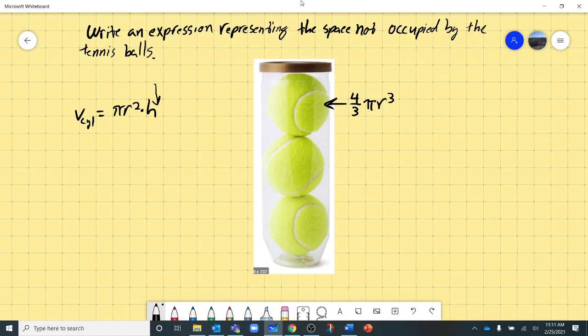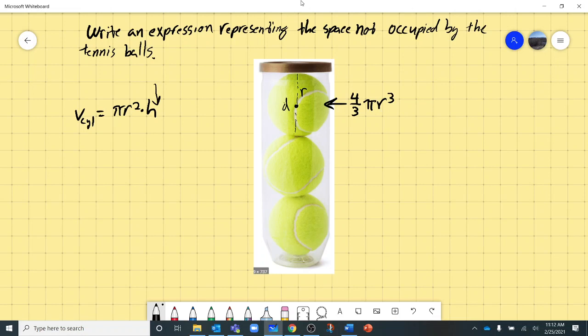Well, we know that the volume of a tennis ball involves r cubed. We know that r stands for the radius, and so halfway across a tennis ball is r. And we have to go all the way across the tennis ball to get d, or diameter.